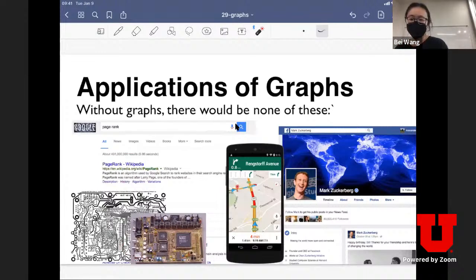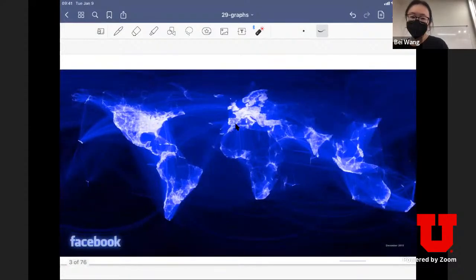In some sense, our current social networks run on those graph data structures. The most widely used one is Facebook, where you can imagine each node is a user, and there is a connection if they're friends with each other. Or if you think about Twitter, there's a connection if one follows another.